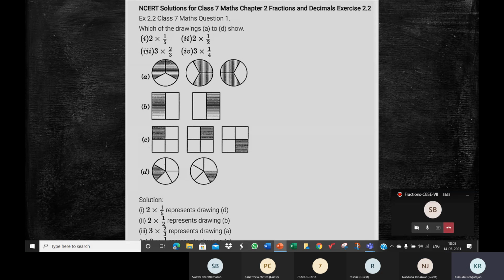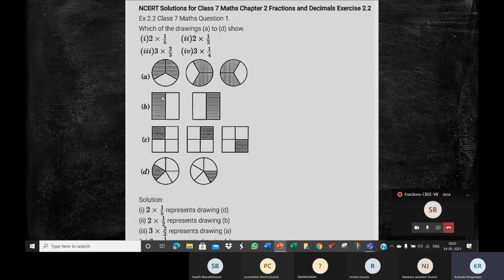So this 3 into 2 by 3 is represented in figure A. I have not read the question at all for you. It's okay. You can still understand. The answer for the third one is A. This A can be represented by 3 into 2 by 3.